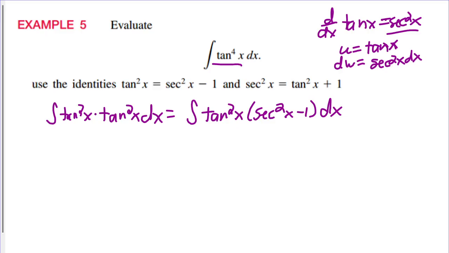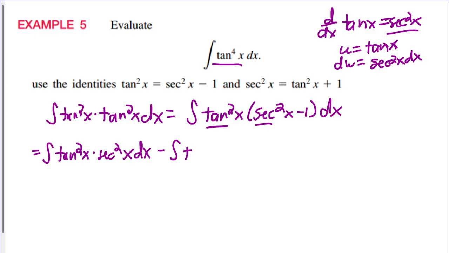Now we can split this up into two separate integrals by doing some multiplying here. So now we get the integral of tangent squared times secant squared dx, minus the integral. Now we have tangent squared of x times minus 1.